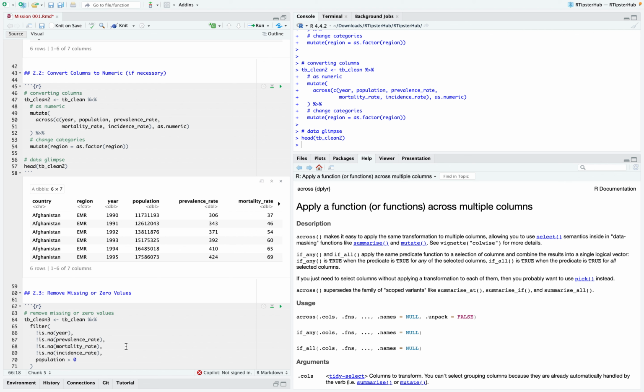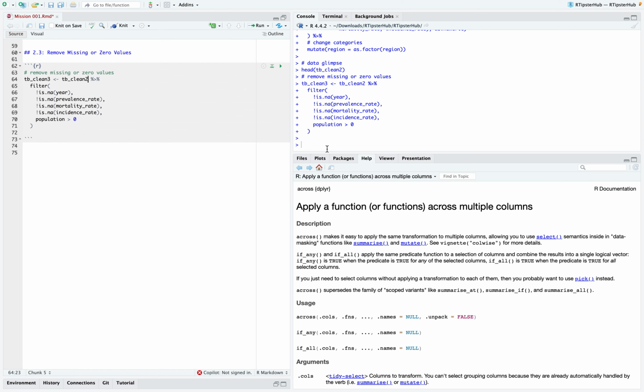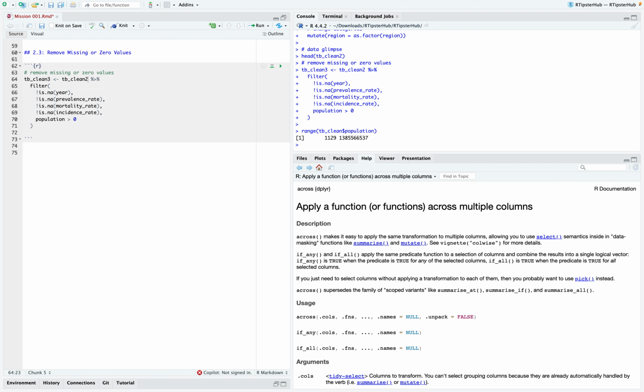So this is based on suggestions by ChatGPT. I don't know if it will make such a big difference, but we can check. If we use range on TB clean and look at population, just to check if there were any values less than 0, we see the lowest is 1129 and the largest is that value.